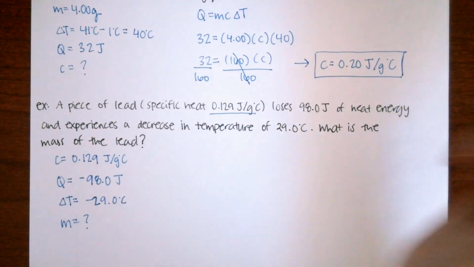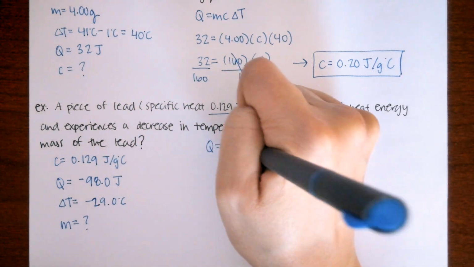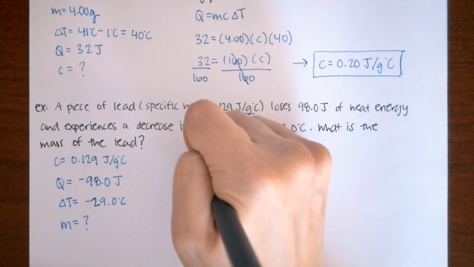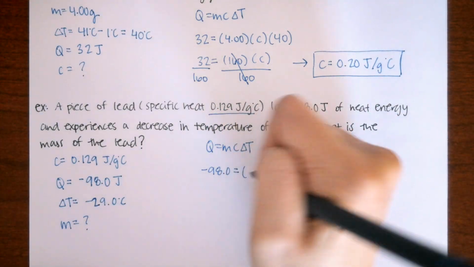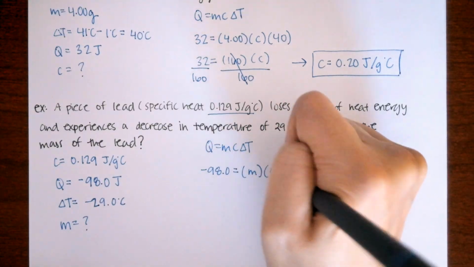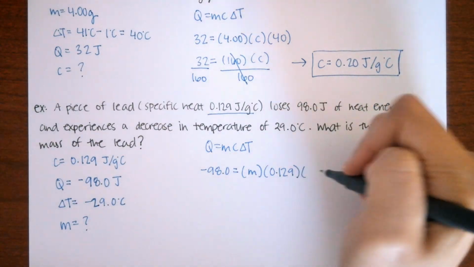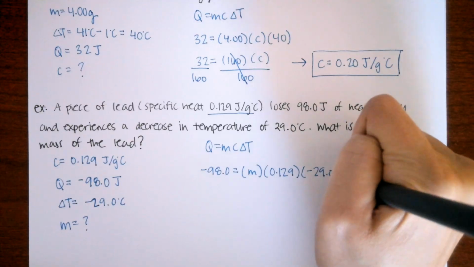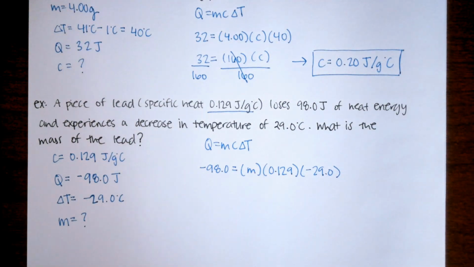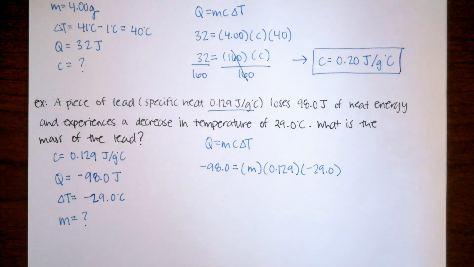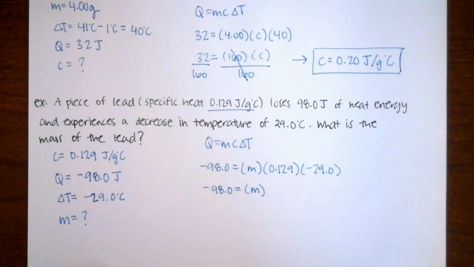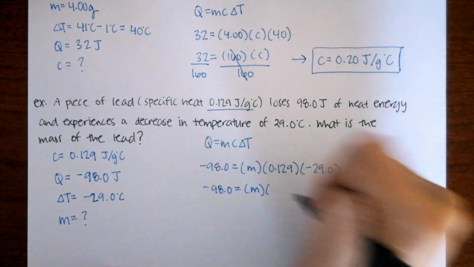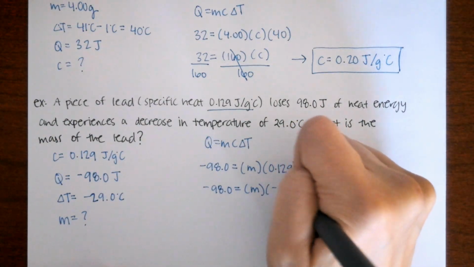So when we solve using Q equals MCAT, we substitute everything in. Negative 98 equals my mass, which is my unknown, times my C, 0.129, times my delta T, negative 29. Again, using your algebra skills, we multiply these 2 numbers together to simplify the equation. So negative 98 equals M times negative 3.741.